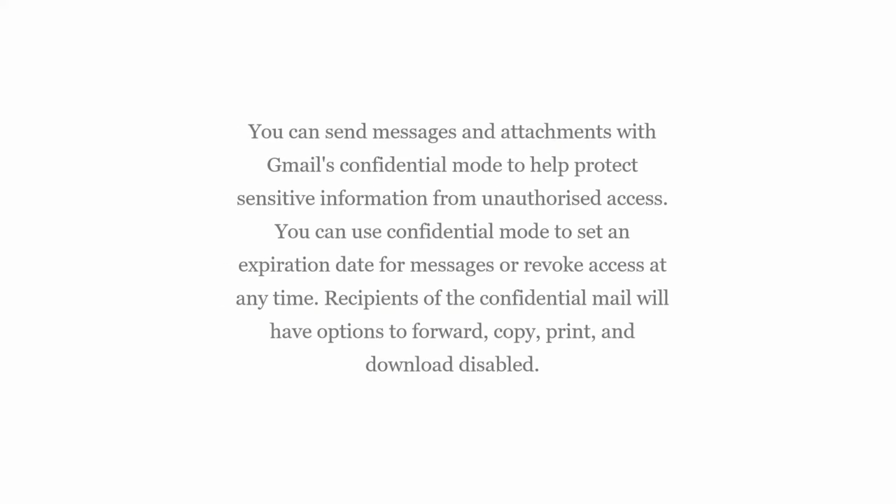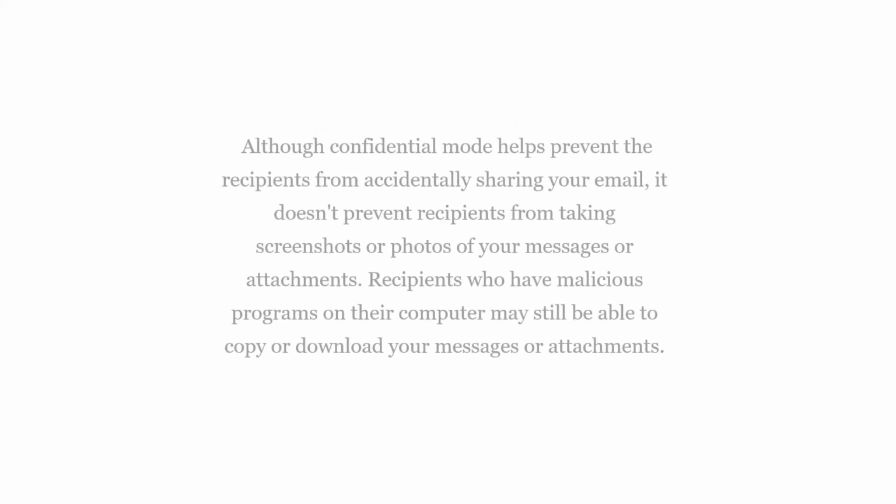You can send messages and attachments with Gmail's confidential mode to help protect sensitive information from unauthorized access. You can use confidential mode to set an expiration date for the message or revoke access anytime. Recipients of the confidential mail will have options to forward, copy, print, and download disabled.